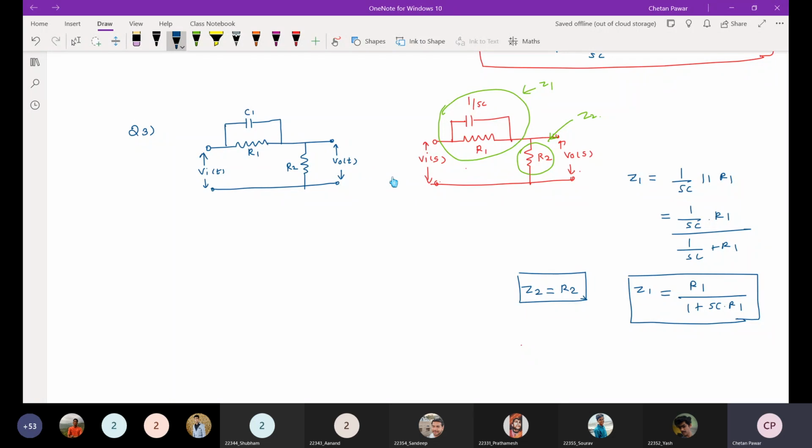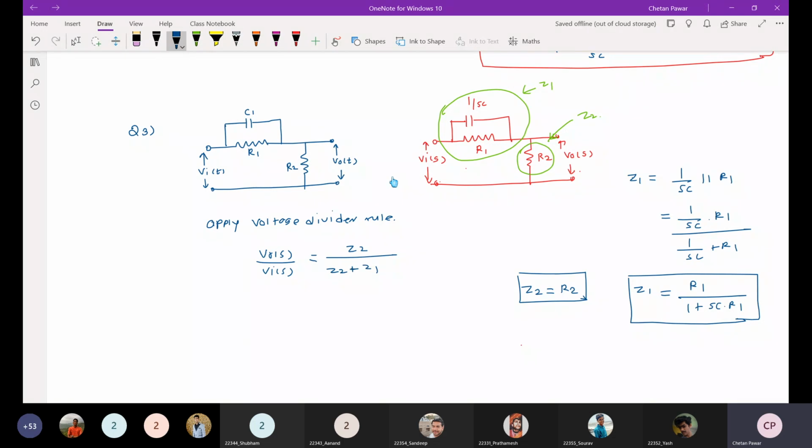Here if you apply the voltage divider rule, V naught of S upon Vi of S will be Z2 upon Z2 plus Z1.